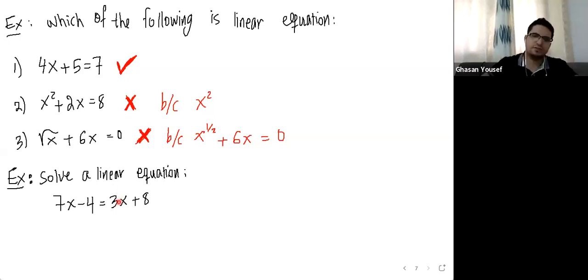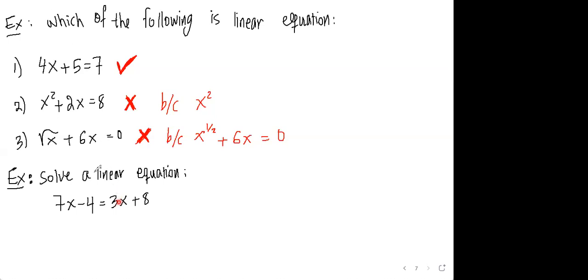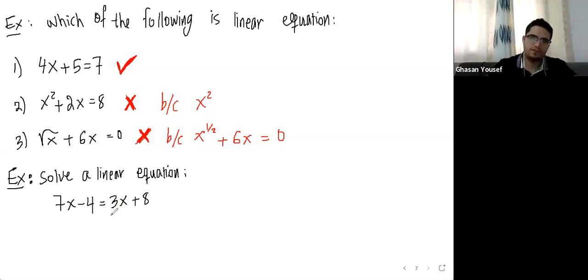Eric said we subtract 3x. Yes, this is correct. To move the 3x to this side, I have to subtract 3x from both sides. So 7x minus 3x, what do I get? This will be 0. They cancel each other.